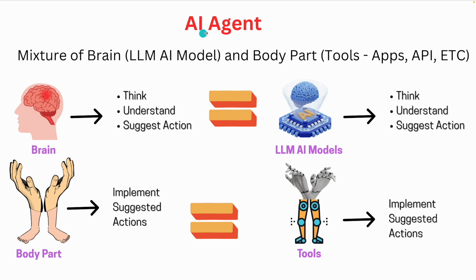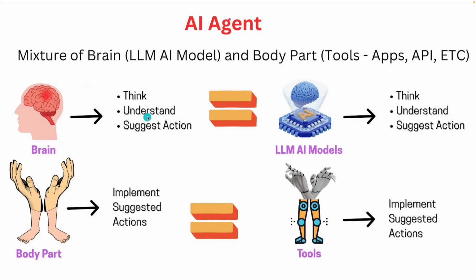Now, if we talk about AI agent, in a very simple definition, I have written: a mixture of brain, which is the LLM AI model, and body part, which is tools, is known as an AI agent. Just for now, understand brain. Like we humans have a brain.